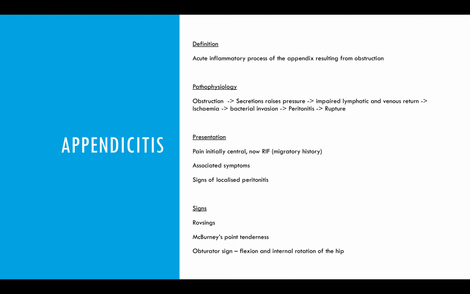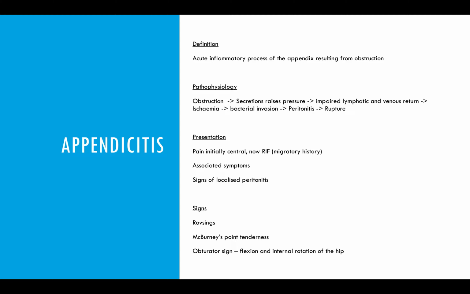Because it's now blocked, and it's a secretory organ, it has ongoing secretions, which causes raised intraluminal pressure, so inside that organ. With that raised pressure, you then get impaired lymphatic and venous return, which then leads to ischemia. And with the ischemia, there's bacterial invasion.